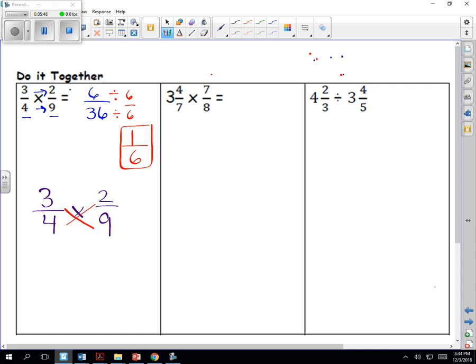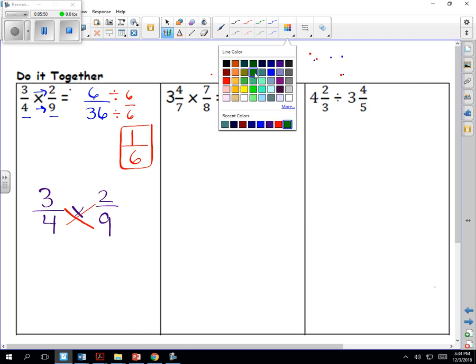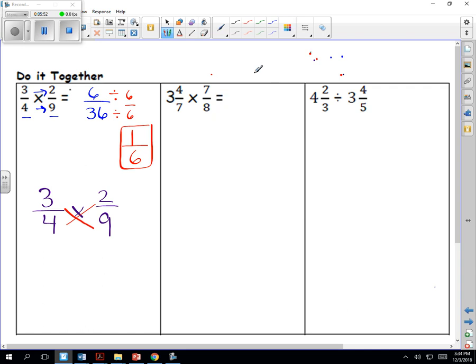So I can look at the numbers that are diagonal, do 3 and 9 here and here have a common factor, and yes, they do, of 3. So 3 goes into 3 one time, and 3 goes into 9 3 times. Now I'm going to look at the other set of diagonals, 2 and 4. They have a common factor of 2.